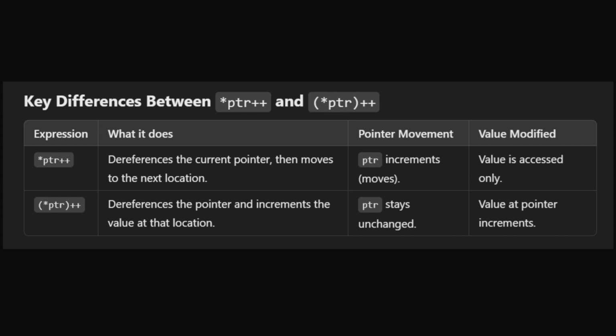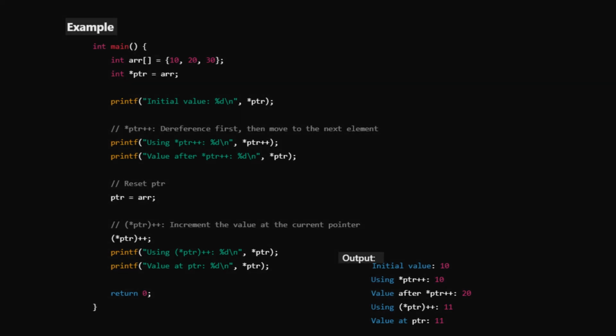The asterisk operator dereferences the value at the pointer before it increments. On the other hand, in (*ptr)++, the parentheses change the precedence of operations. *ptr dereferences the pointer to get the value it points to, and ++ increments the value at the location pointed to by ptr. The pointer itself is not incremented. See the example and its output.